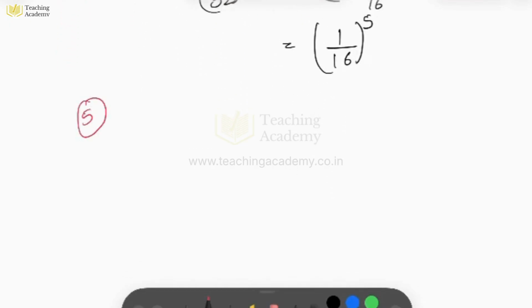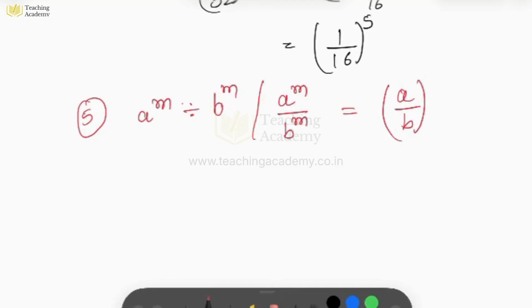Fifth rule says when we see a to the power m and, let's take the division sign this time, b to the power m, right? Or it can be written as a to the power m over b to the power m. Then we can make the same thing. We can take the bases together and write the power in a common form, right?